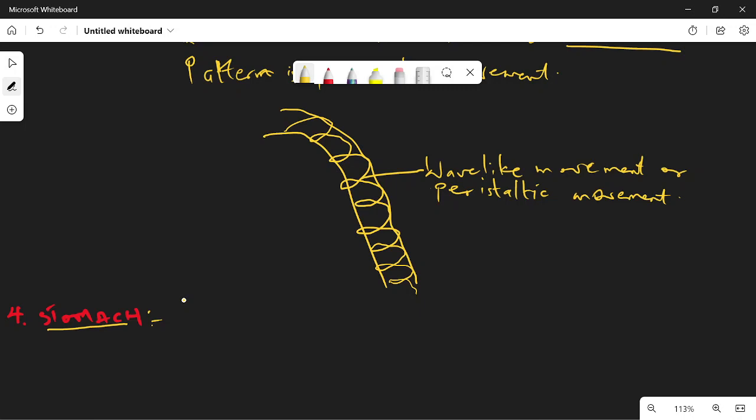What happens in the stomach? First, the food coming from the esophagus gets into the stomach and it meets an acidic content or nature, which is brought about by the action of a particular substance called the gastric juice.